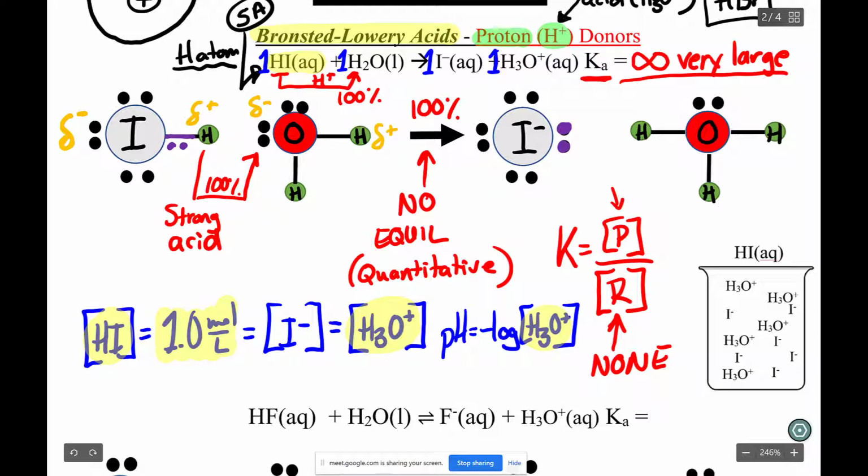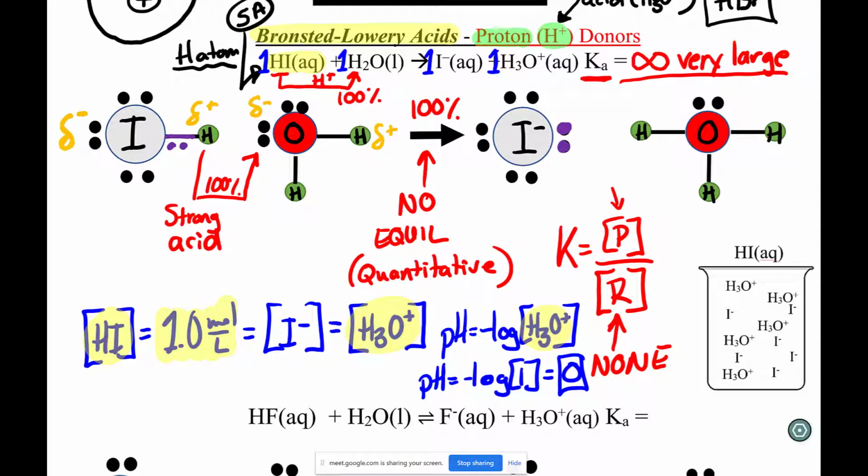And if you were to take the negative log of 1, that's a pH of 0. Any concentration of a strong acid over 1 will actually give you a negative pH value, which is 100% allowed. Acids can go quite negative, and bases can go over 14, just not generally in household acids or bases that you would find.